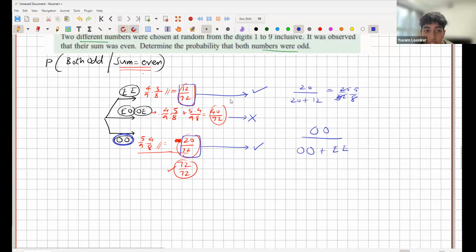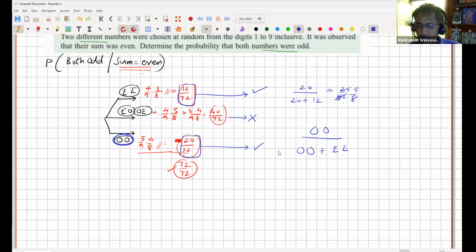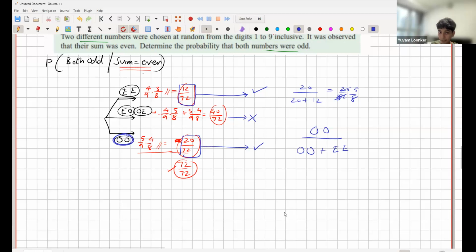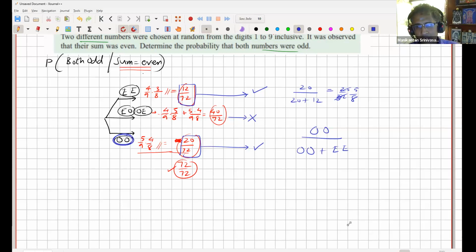But I did something different. Can you take us through what you did? Out of 1 to 9 numbers, there are total 9 numbers. So I have to choose 2 numbers from 9, right? So it's 9 choose 2, which is 36.